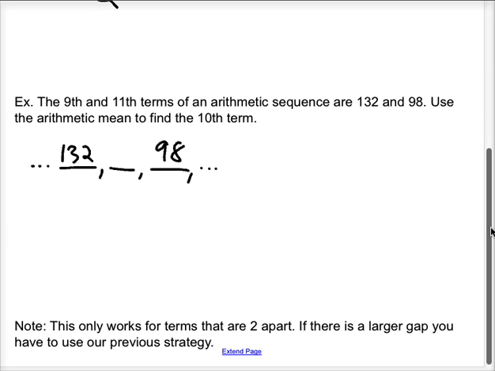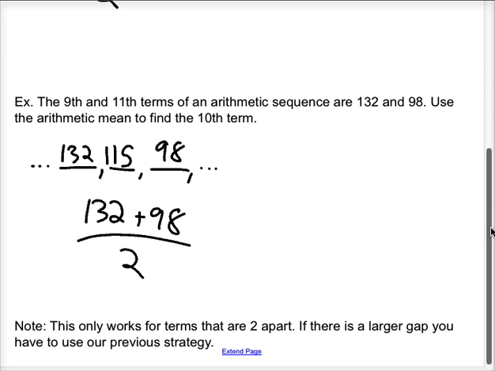All you have to do is find that arithmetic mean. Average the 2 numbers, 132 plus 98. That gives you 230 divided by 2. Your missing term is 115. And that's literally all that you have to do.